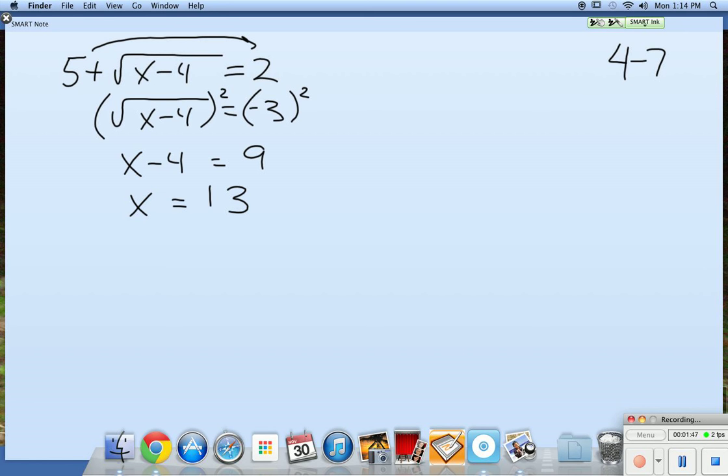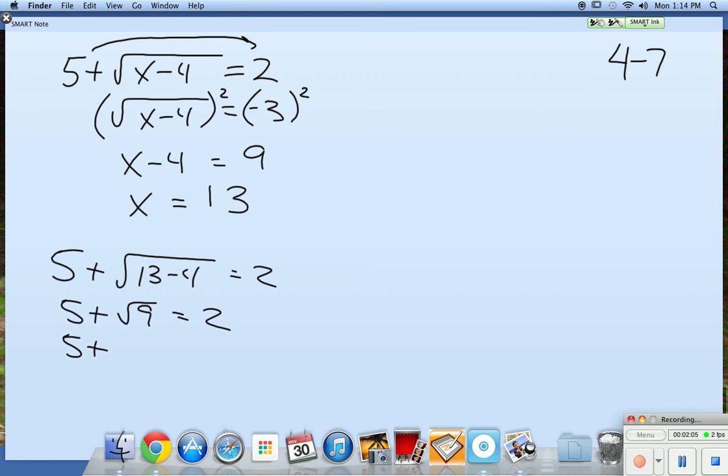This is how we find out if our solution is a viable solution. 5 plus square root of 13 minus 4 equals 2. 5 plus square root of 9 equals 2. 5 plus 3 does not equal 2. All right? So we know that the solution of x equals 13 is no good.